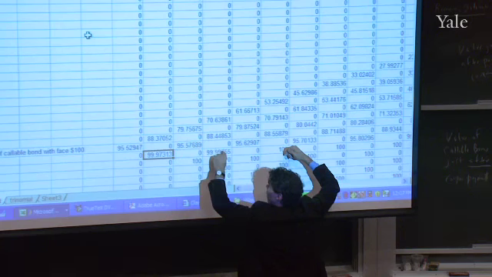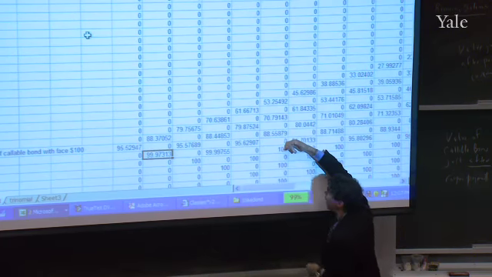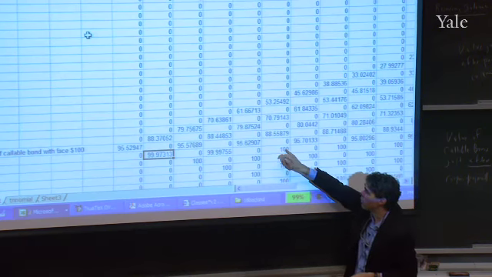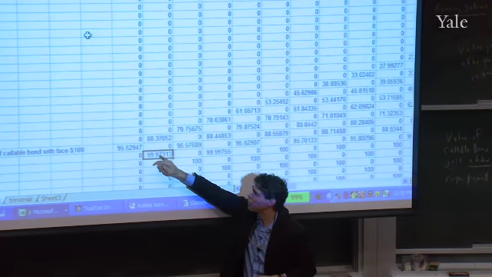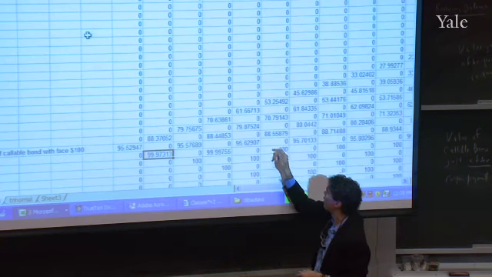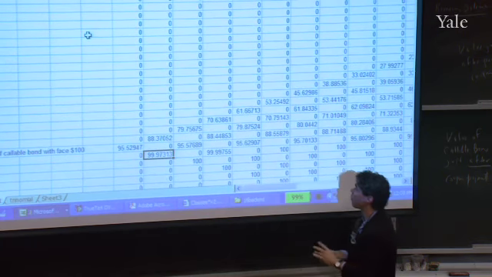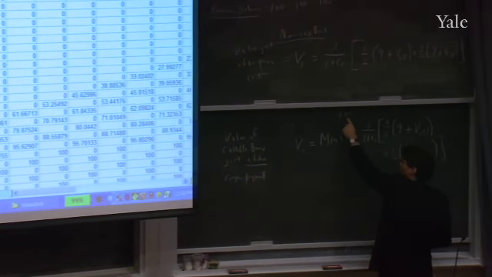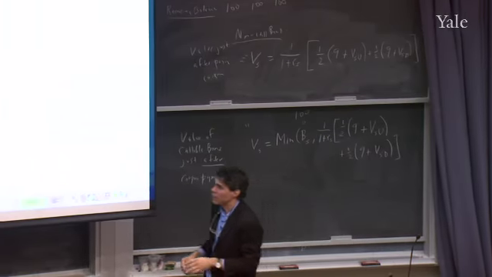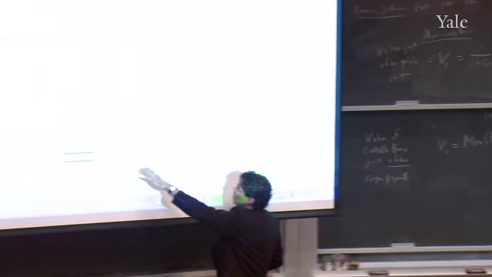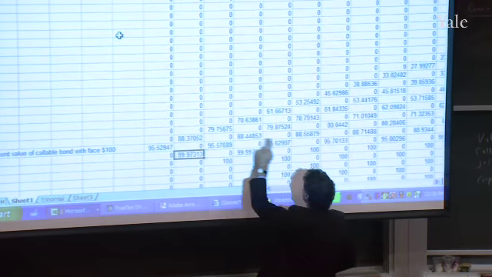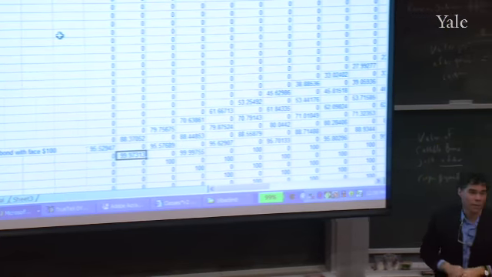But if the interest rate bounces around and in year 5 is back down at 6.8%, you will call. Why would you call here even though in exactly the same situation you didn't call here? You can tell where you call because those are 100s and the computer picks the minimum equal to 100. So why is it that it's going to call here but not here even though the interest rates are exactly the same, 6.8% in both cases?